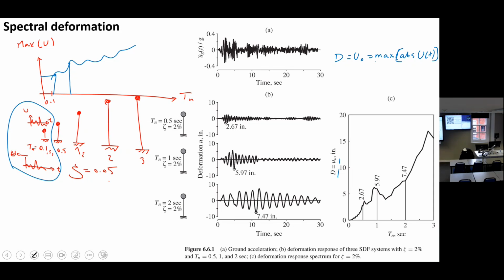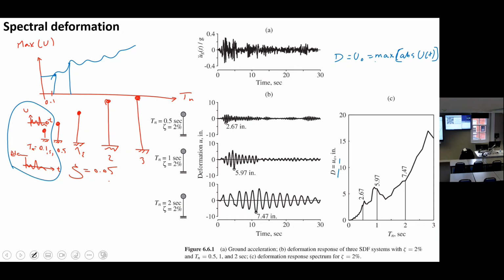We call this a spectral deformation response. We called it a spectral deformation response because it's representing the deformation response for a variety of Tn, for a spectrum of natural frequencies.